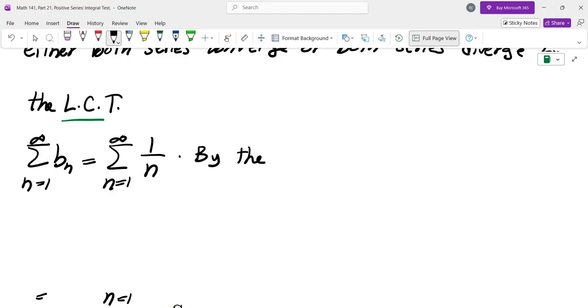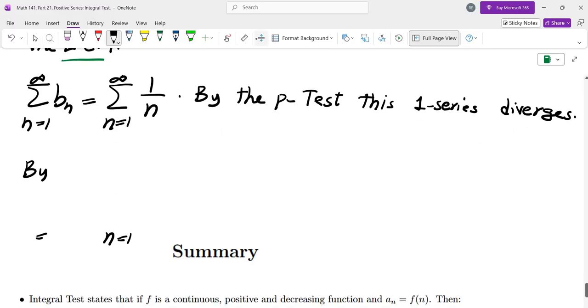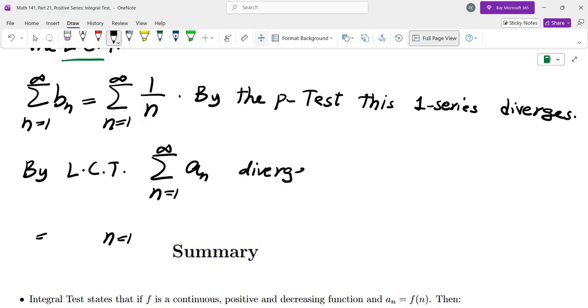So by the p-test, this series diverges. Okay, so if that diverges, by the limit comparison test, the sum of an, n equals 1 to infinity, also diverges. So that's the answer to the problem.